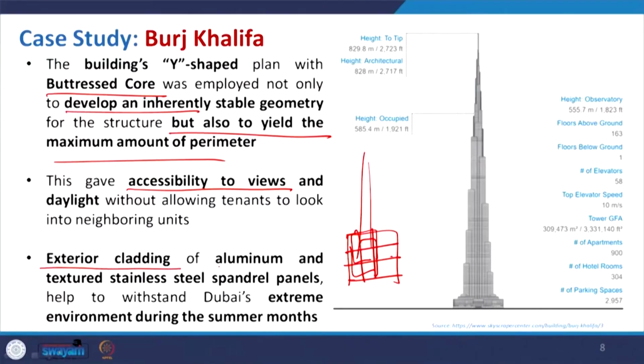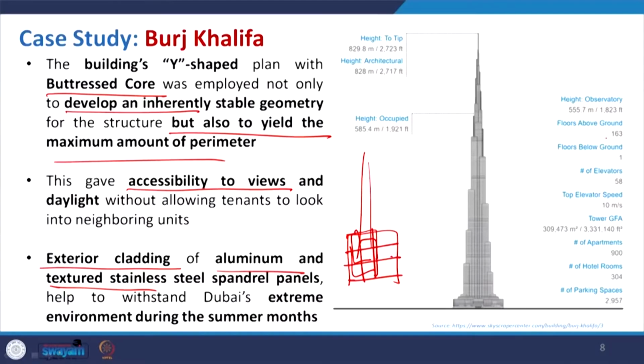Now, in this case again, the exterior cladding, with aluminum textured stainless glass, is used to make the outer surface of this building, which was found very efficient considering the extreme weather conditions, especially in summer in the Dubai context.